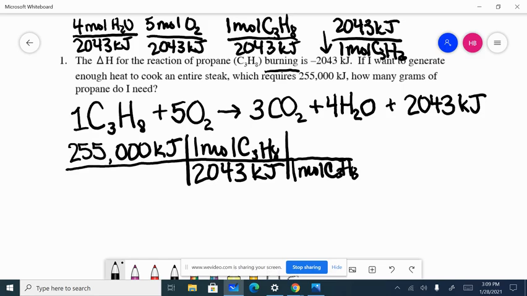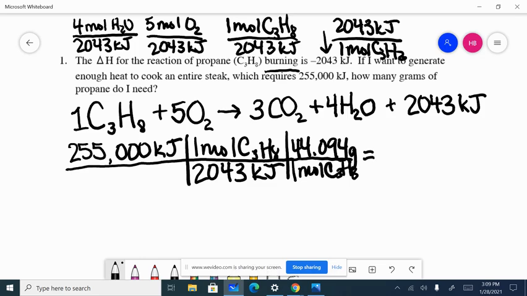So there's 3 carbons, and add that to 8 hydrogens. And I get a molar mass of 44.094 grams.